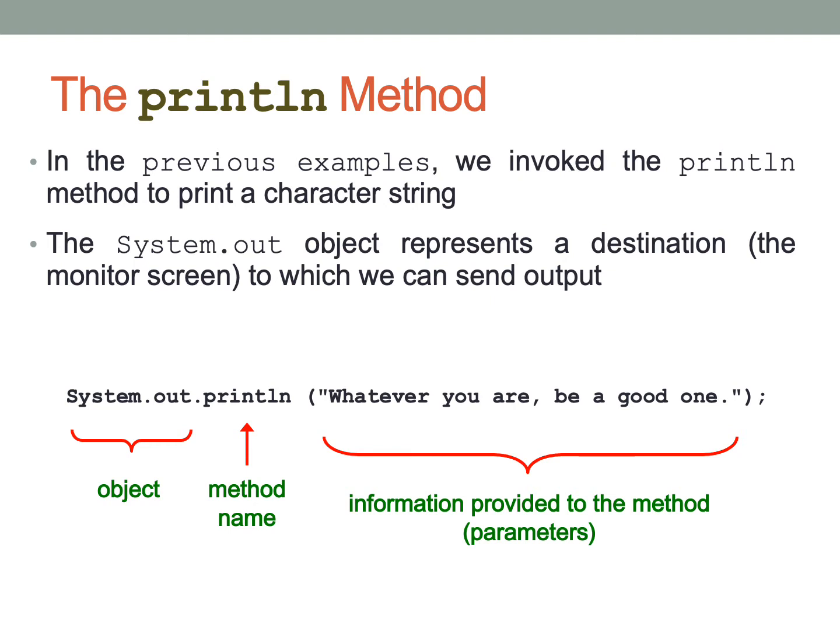The println method, we have seen System.out.println in many examples before. So what is this method? System.out is an object that represents a destination, which is the monitor screen, to display the output. Println is a method that prints a string and then terminates the line.